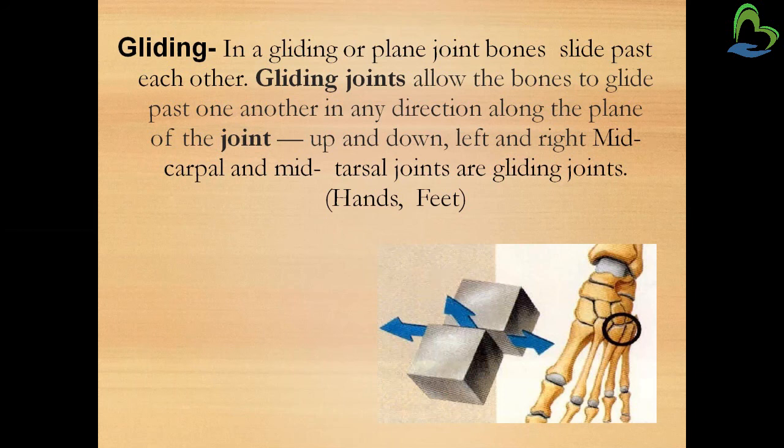As we know, we can freely move our hands as well as our feet. Why? Because of the gliding joint. We can easily do movements like up and down, right and left, because of the gliding joint.